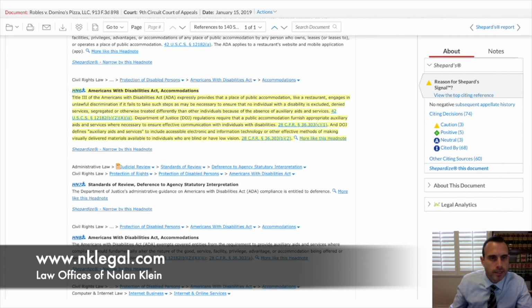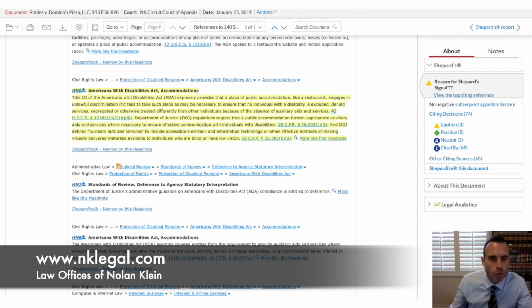Another head note from this Robles case, which I'm quoting again extensively because it was sort of a big deal in the world of litigating website accessibility issues. Title III of the Americans with Disabilities Act expressly provides that a place of public accommodation, like a restaurant, engages in unlawful discrimination if it fails to take such steps as may be necessary to ensure that no individual with a disability is excluded, denied services, segregated, or otherwise treated differently than other individuals because of the absence of auxiliary aids and services.